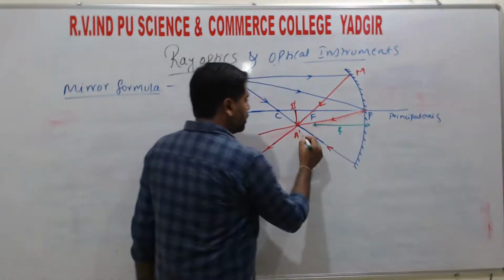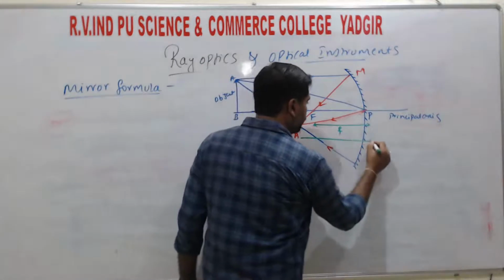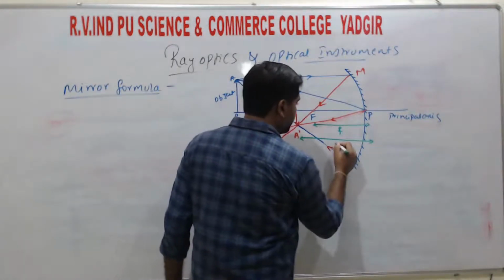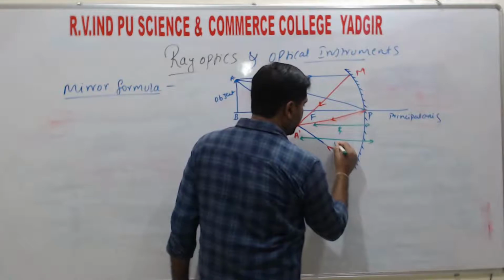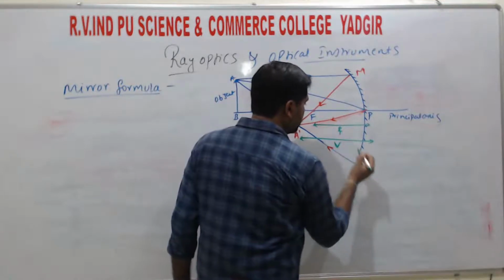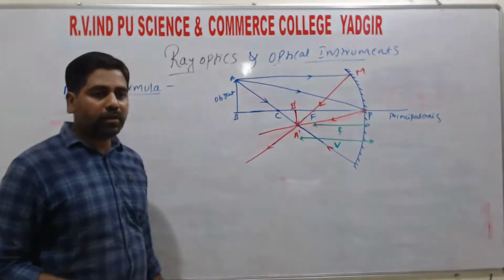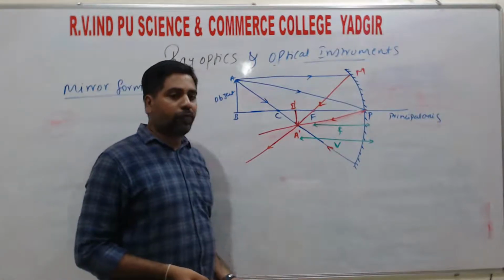Next, the distance from the image to the pole is taken as V, where V is the image distance. So, naming the image distance as V, right?